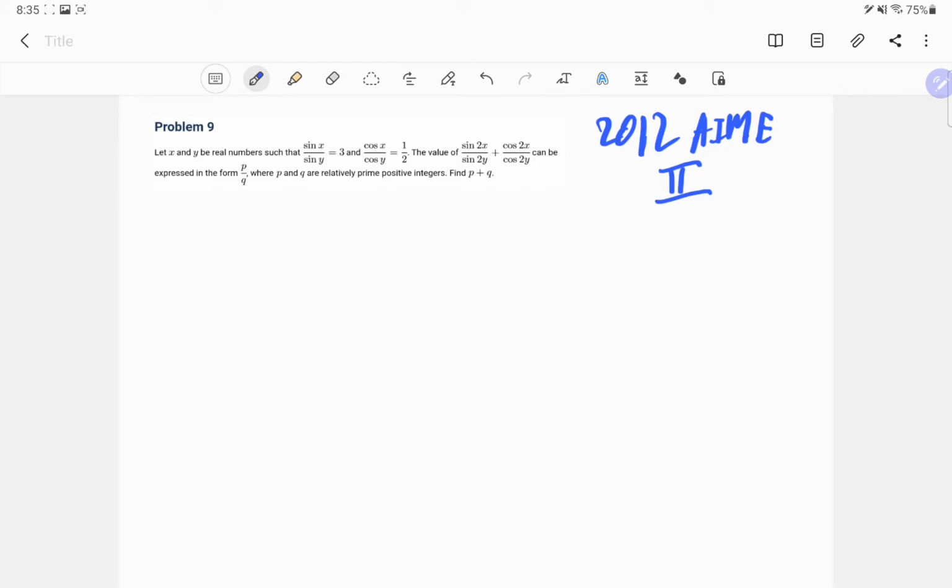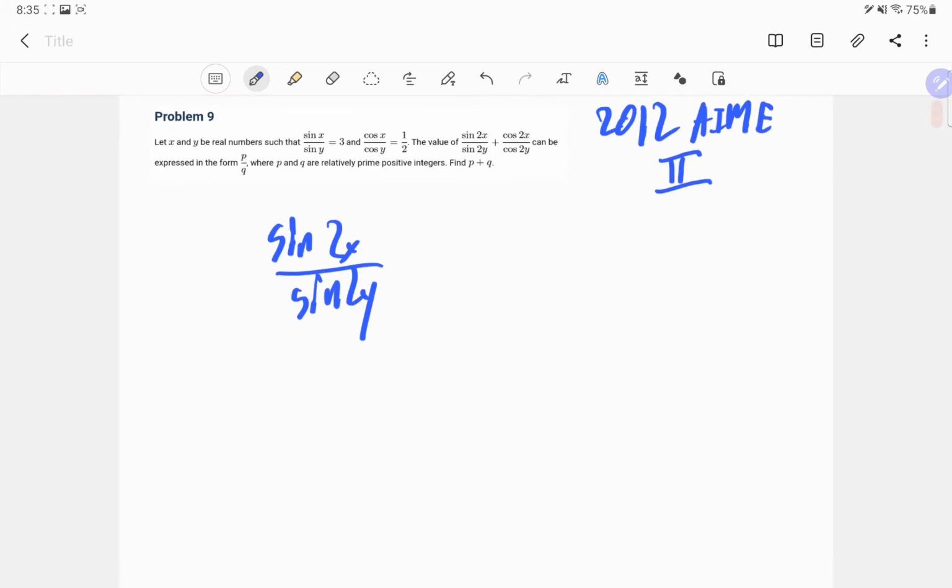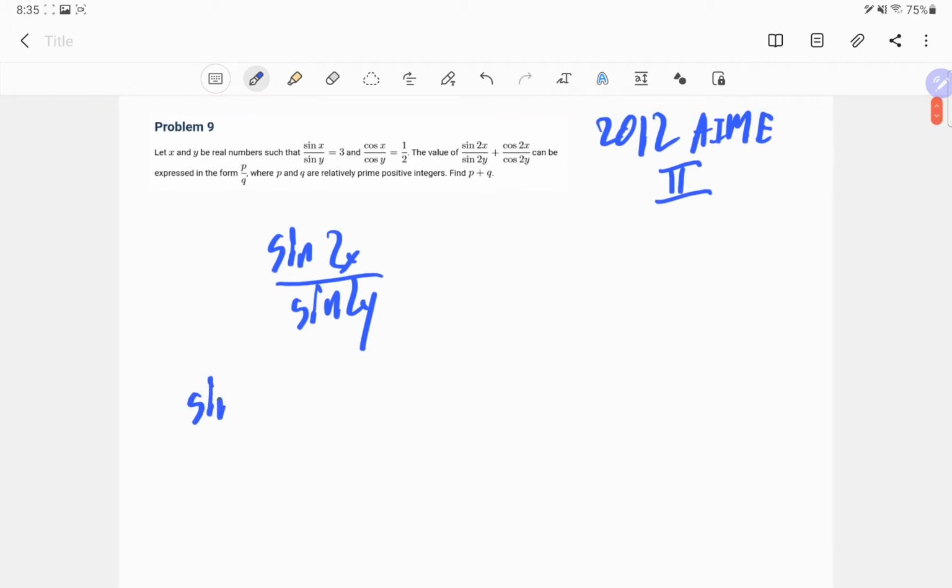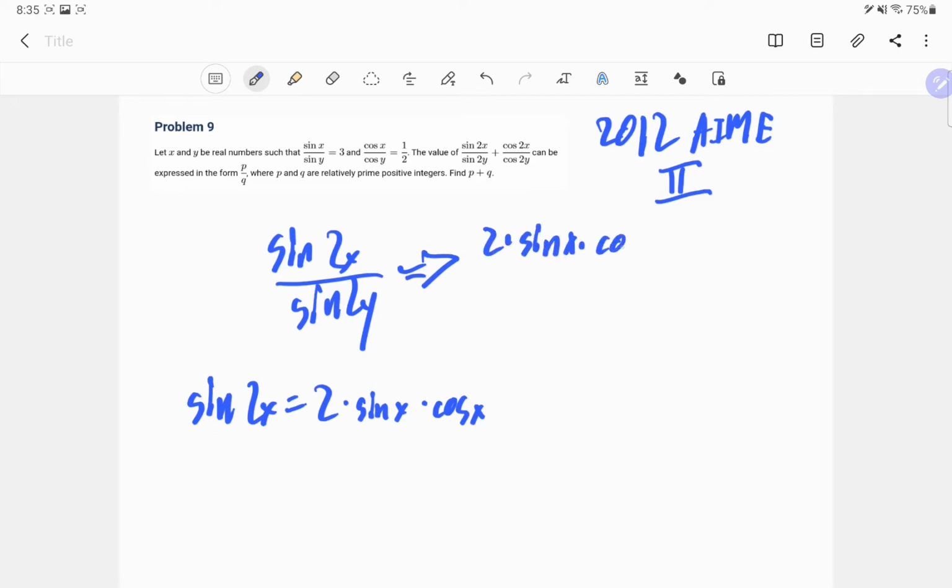Find p plus q. So the first thing we can do is split these two terms from each other, so we'll solve for the two terms separately. Using the sine 2x rule, which states that sine 2x is equal to 2 times sine x times cosine x, this term turns into 2 times sine x times cosine x divided by 2 times cosine y times sine y.